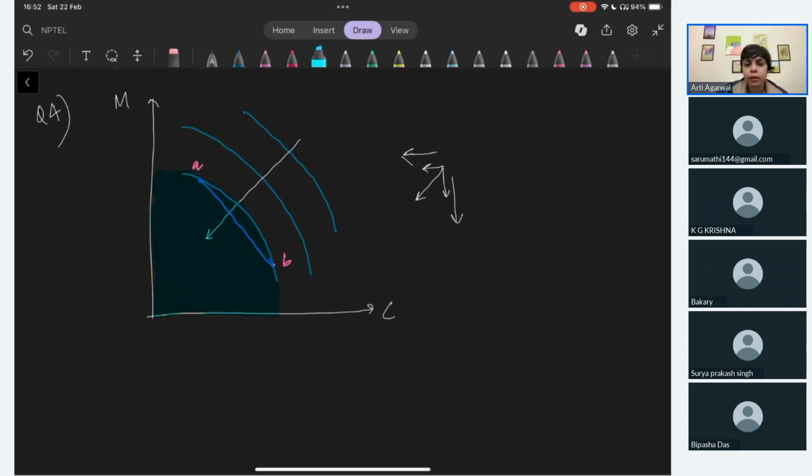Yes, right? Preferences will be convex, even though this is a strange kind of a graph where the person is sort of not liking either good too much. If she is consuming it, she's becoming unhappy. But the mathematical constructs which we used to define all this still hold, right?